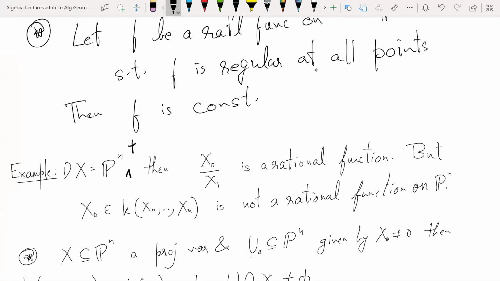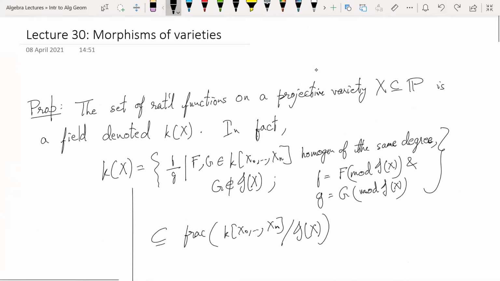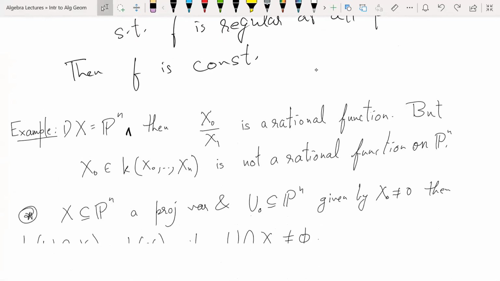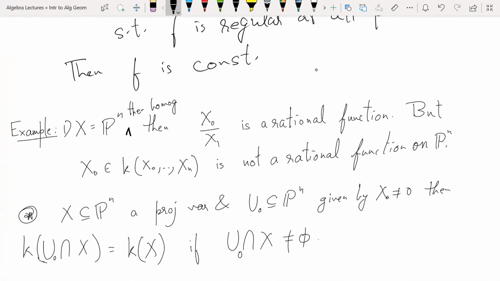So X equals Pn, then the homogeneous coordinate ring is just the polynomial ring k[x0, ..., xn].